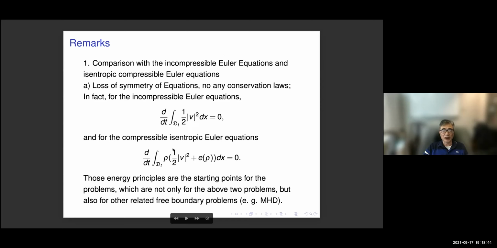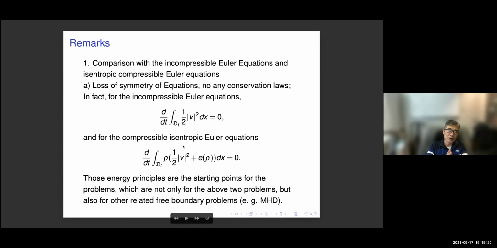And for the compressible isentropic Euler equation, the basic energy principle is here. It includes kinetic energy and also the internal energy, like this.